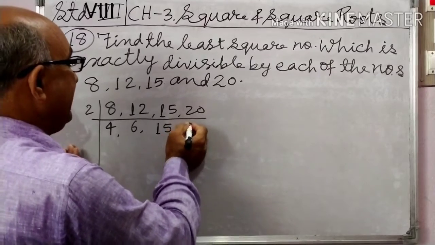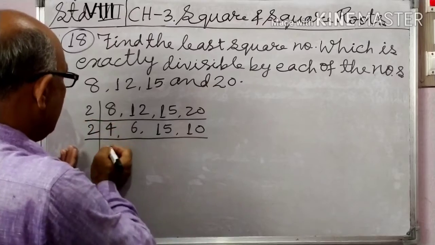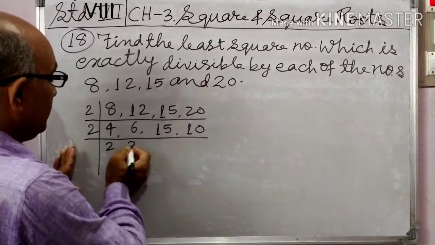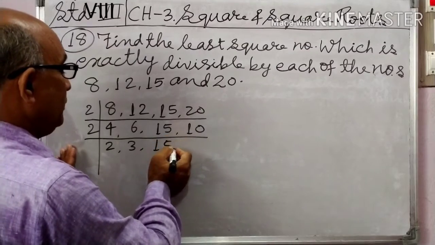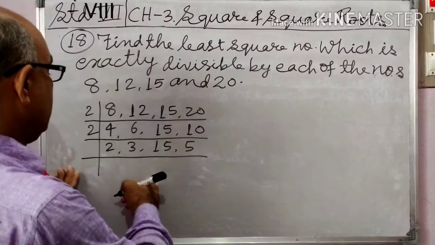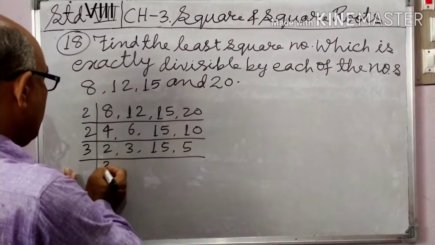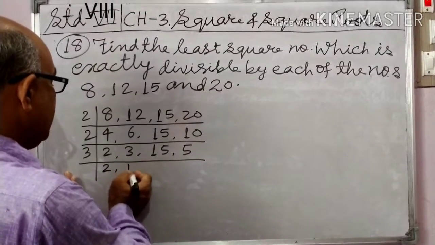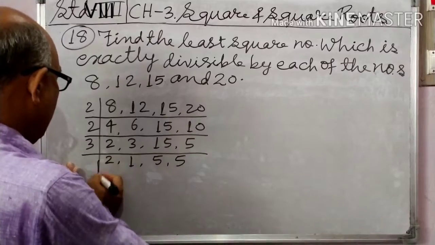2 times 4 is 8, 2 times 6 is 12, 15 is not divisible by 2, and 2 times 10 is 20. Again 2 times 2 is 4, 2 times 3 is 6, 15 is not divisible by 2, and 2 times 5 is 10. Now 3 times 1 is 3, 3 times 5 is 15.